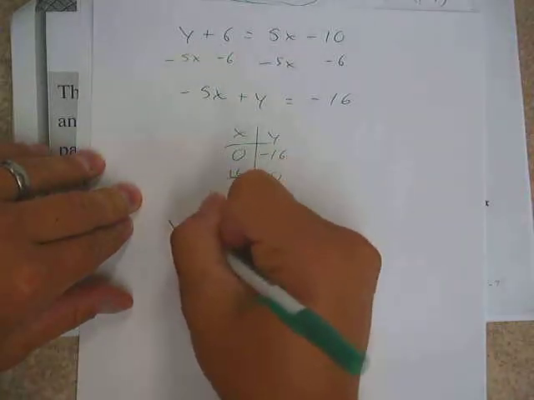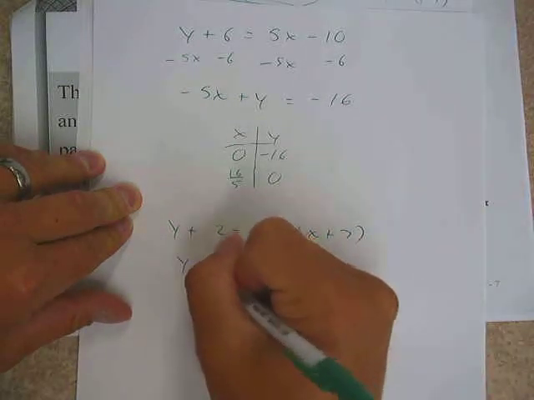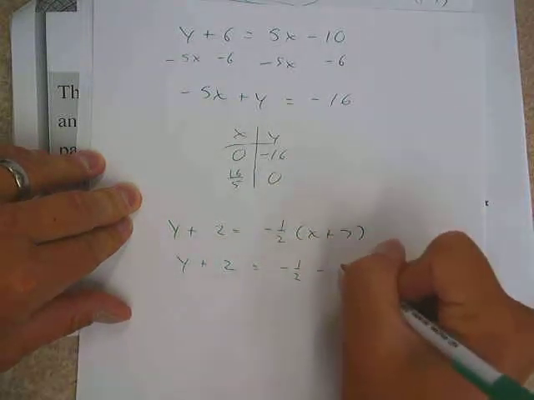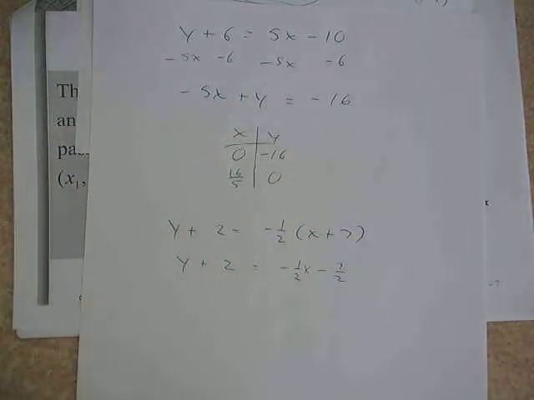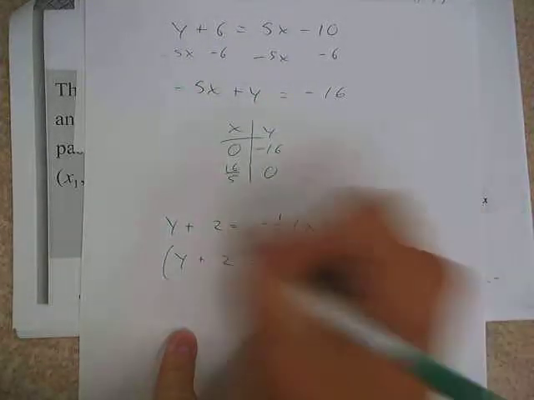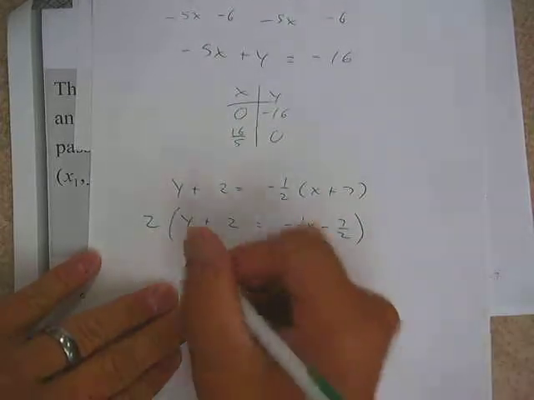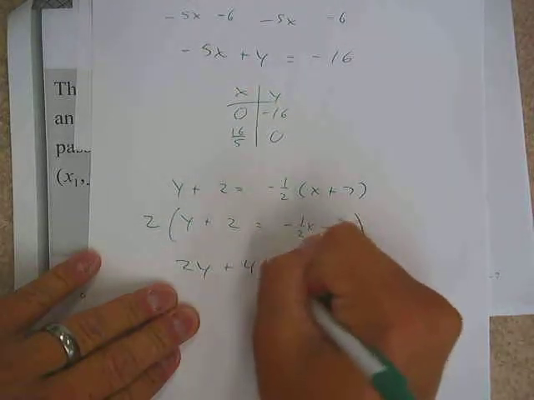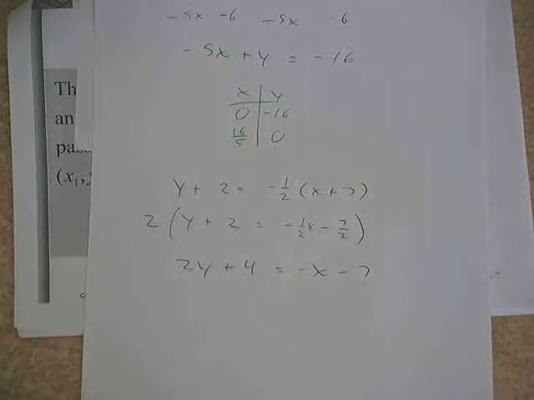Okay? All right. Now I want you to also see the math that's going to take to deal with one of these two. If we have y plus 2 equals negative 1/2 (x plus 7), we will once again distribute. Okay. But there's one other part to the general form that should always be true, is that there's no fractions. So like we learned yesterday, we'll multiply by the common denominator and get rid of the fractions, because we don't want any fractions if we're in general form.